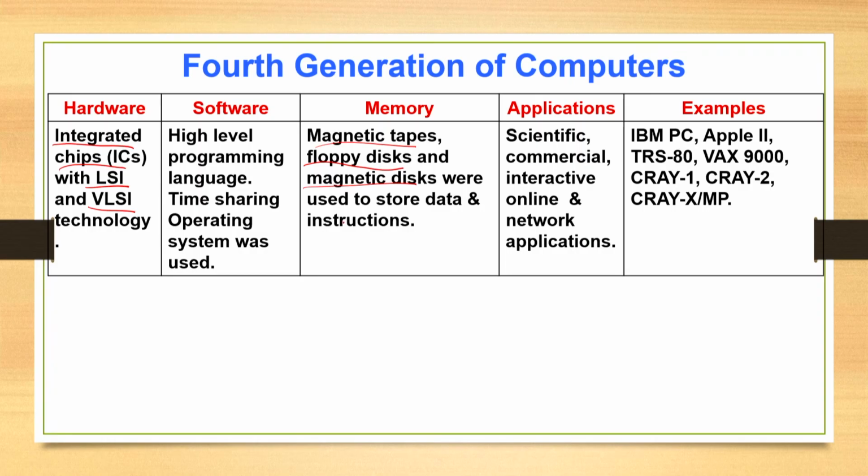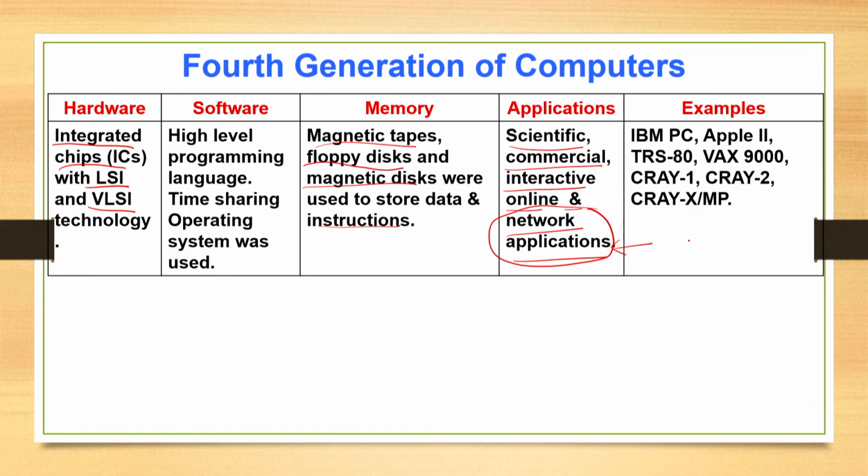And obviously, instruction means the programs or you can say the software. Application, it can be used in scientific, commercial, interactive online and network application. So, this one is added during this generation.